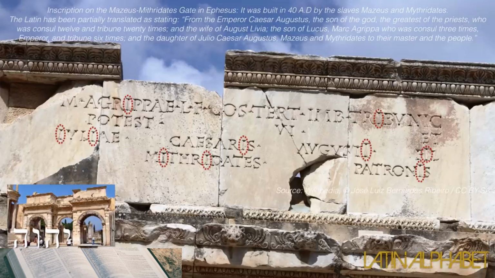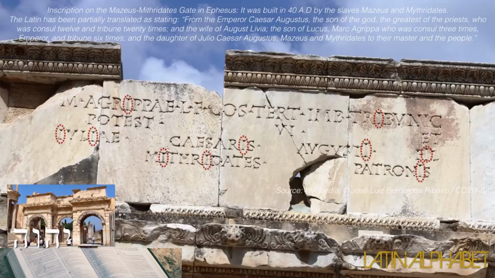In fact, linguists are well aware that the I's used in this inscription from 40 BC, from the Mazias Mithridates gate in Ephesus, is not a J in pronunciation. Here's a pronunciation from a scholar who will give you the modern pronunciation, which is false and added to with Pharisee leaven for a reason which we will expose, and the real one in ancient Latin.